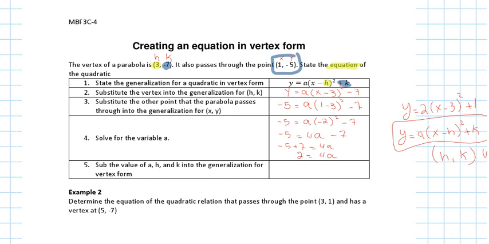Divide by 4. Because remember, you're getting rid of whatever's with the A. So you have to move the 4 over, and that's going to become divided by 4. So you bring the 4 over, and that's going to become 2 divided by 4 equals A. So A equals 1/2.